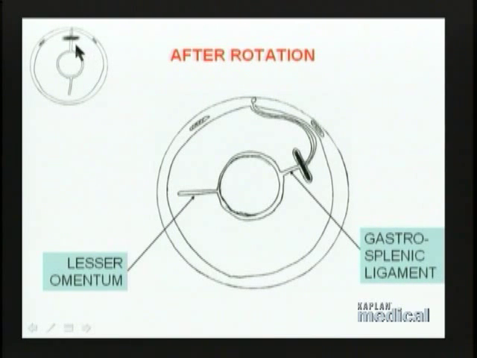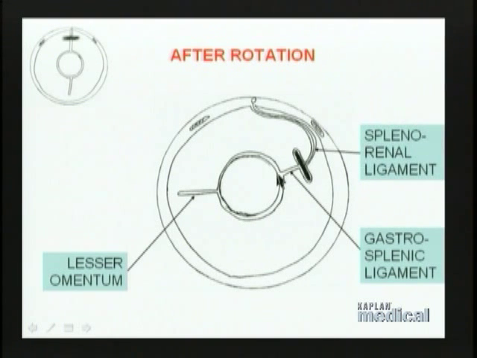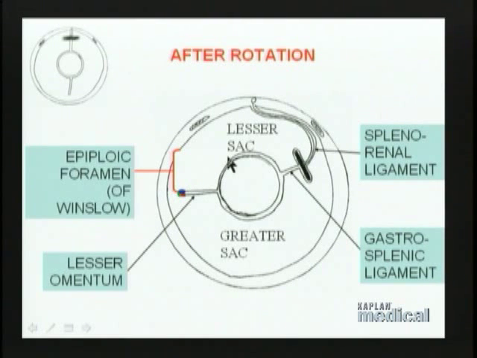The gastrosplenic ligament, which used to be dorsal to the stomach, is now to the left of the stomach. The splenorenal ligament, which used to go dorsally from the spleen to the dorsal body wall, still goes from the spleen to the dorsal body wall, but has gotten much, much longer, all of which are a result of this rotation.